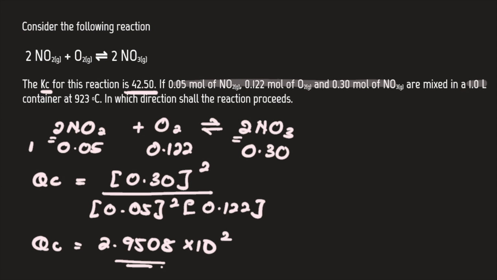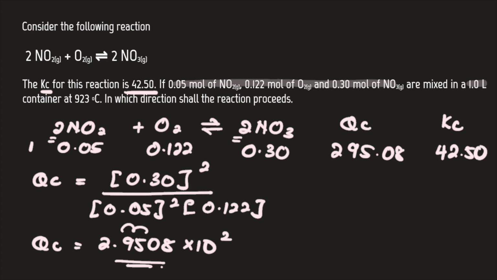Alright, so basically your Qc is equivalent to 295.08, and then your Kc is equivalent to 42.50. In saying that, your Qc is actually way bigger than your Kc.